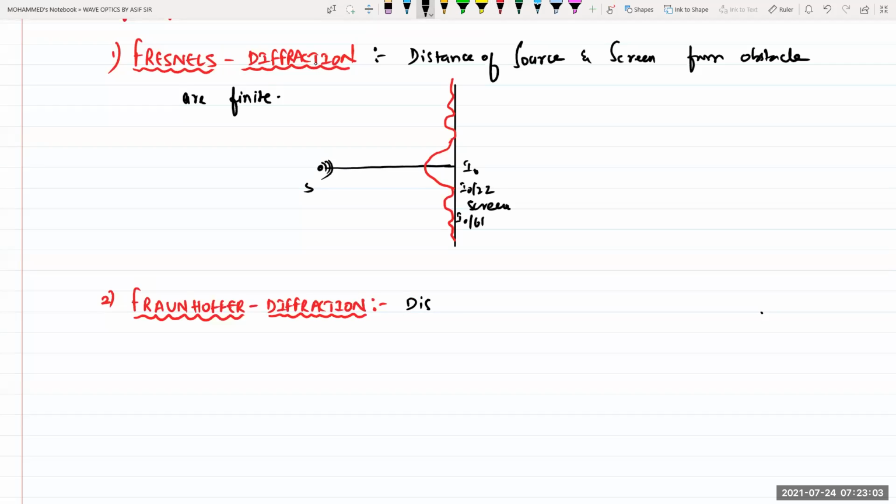So I can say in this one, the distance of the source and screen from the obstacle is at infinite distance.